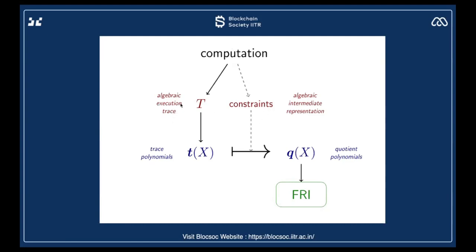From the execution trace, by Lagrange interpolation, he would get a trace polynomial, and from the constraints he would get a set of quotient polynomials, and from the quotient polynomials we get a composition polynomial. On the composition polynomial we apply FRI, and then the verifier asks queries to the FRI. And this was all about the lecture.